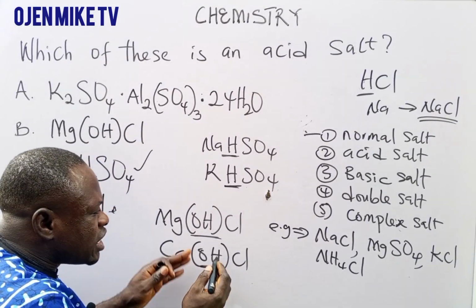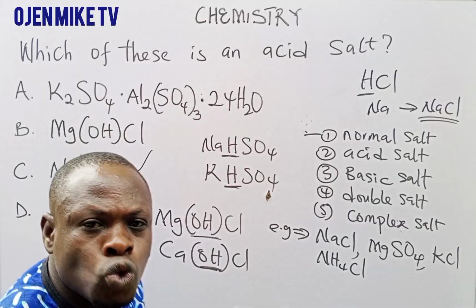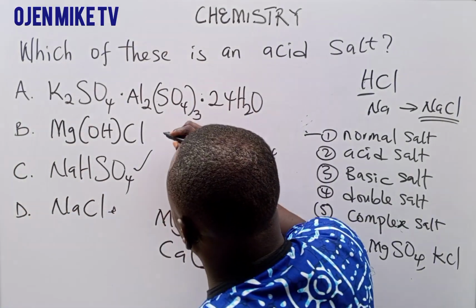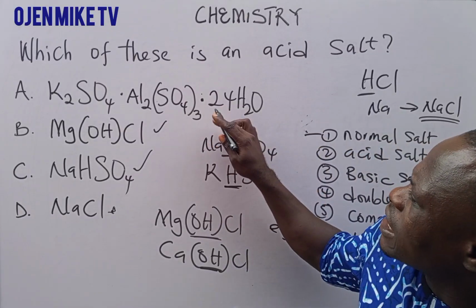Anytime you see OH in the middle of a substance like this, it is a basic salt. You see something like Ca(OH)Cl, this is a basic salt.